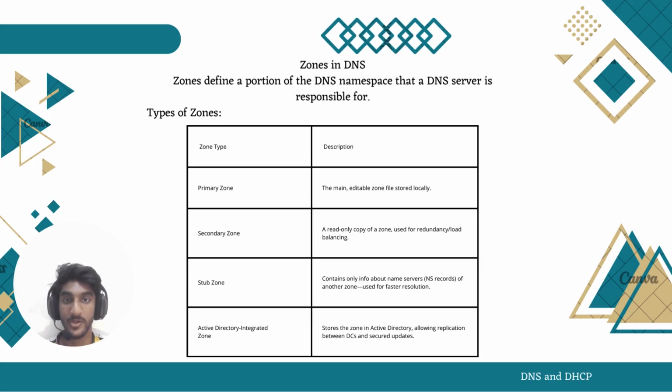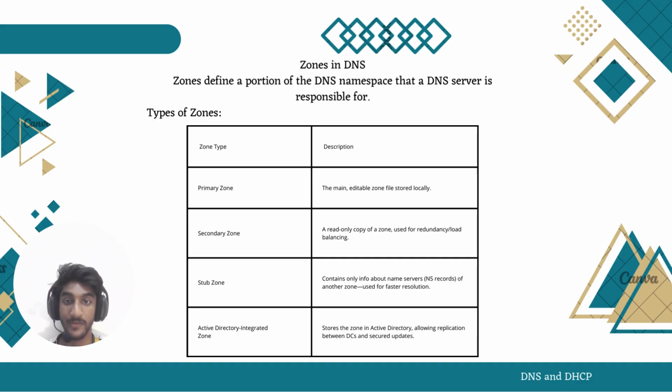Zones define a portion of the DNS namespace that a DNS server is responsible for. There are four types of zones for DNS. The first one is the primary zone. The description is the main editable zone file stored locally.